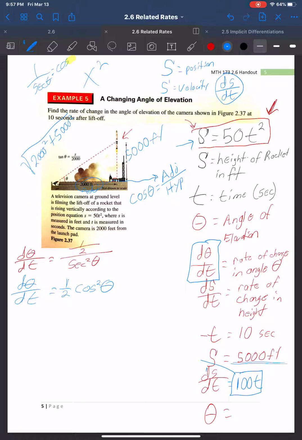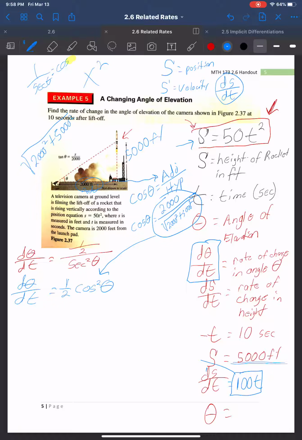Ready? So what is cosine? Cosine is adjacent, which is 2,000, divided by the square root of 2,000 squared plus 5,000 squared. All right, that's great, except we don't have cosine, we have cosine squared. So we need to square that thing.